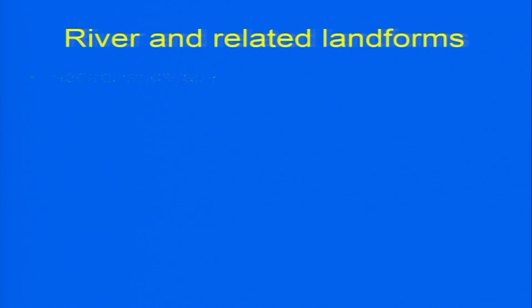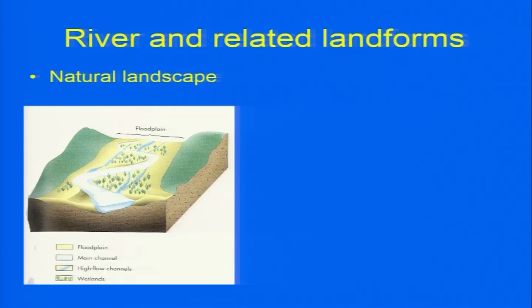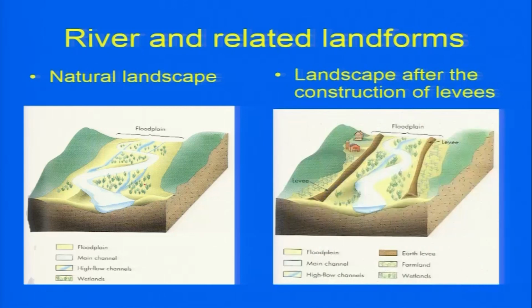The river and related landforms. If, for example, no natural levees are available over here, but we still need to utilize or acquire the floodplain areas for urban settlements and, of course, for farmlands, the best we can do is go for artificial construction of levees.